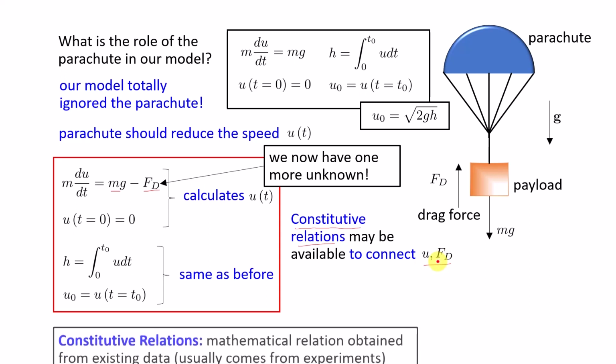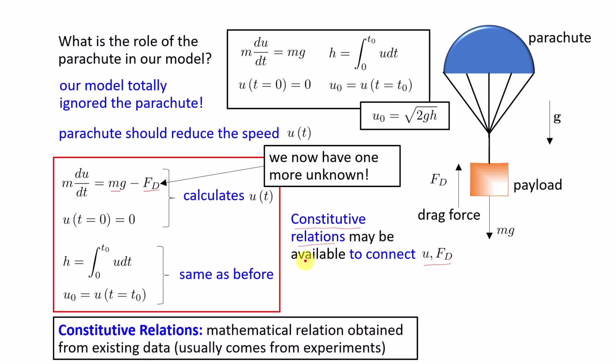So constitutive relations are a mathematical model, a relation between U and Fd, that is obtained from existing data, generally from experiments. It is not a direct result of applying conservation equations, although we can do so, but that is not the way to get constitutive relations. Constitutive relations usually come from experiment.